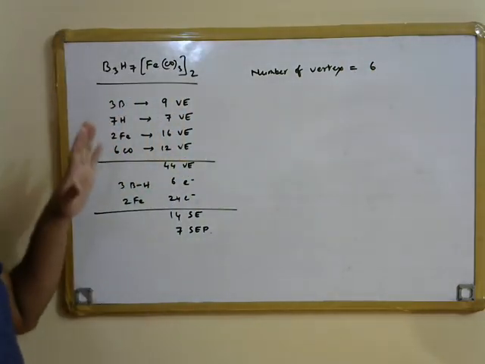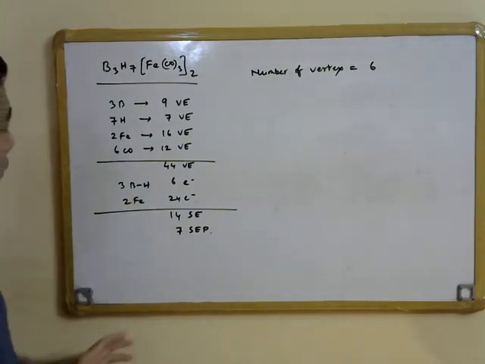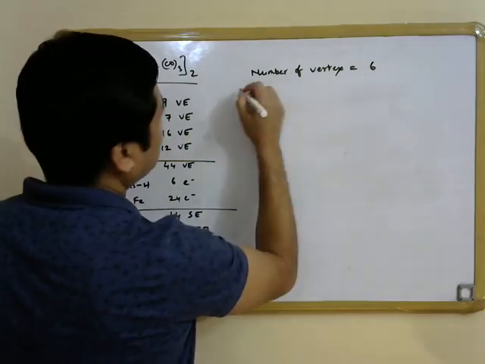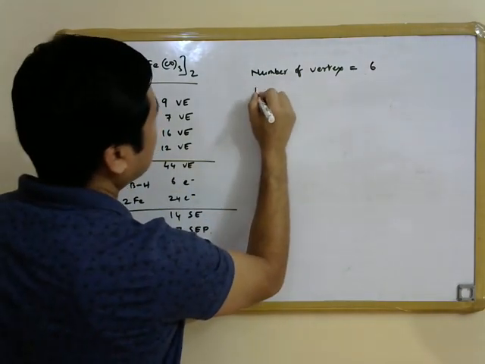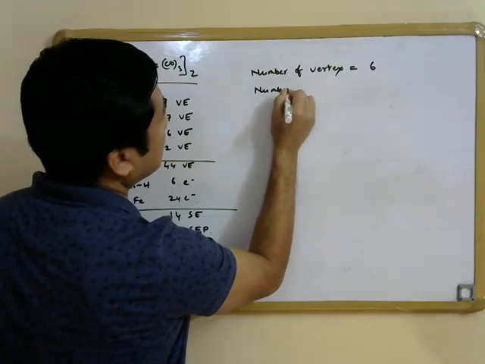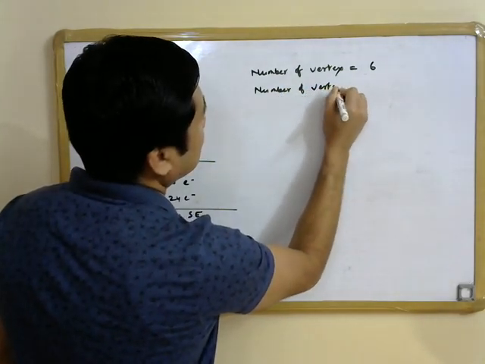And now let us see the number of atoms which can occupy the vertices in this octahedral structure predicted by electron counting. So, number of vertex atoms.